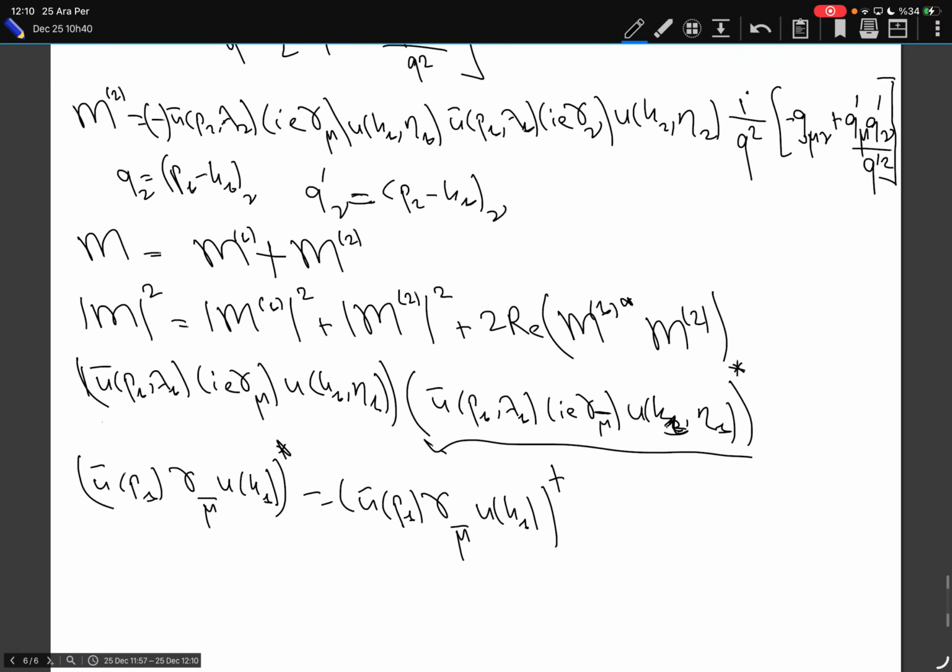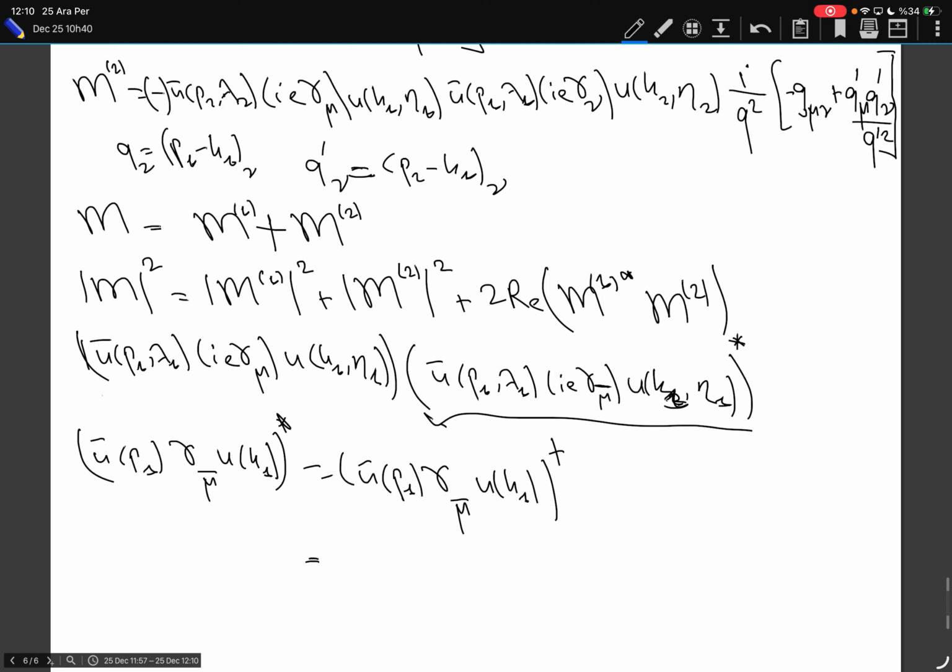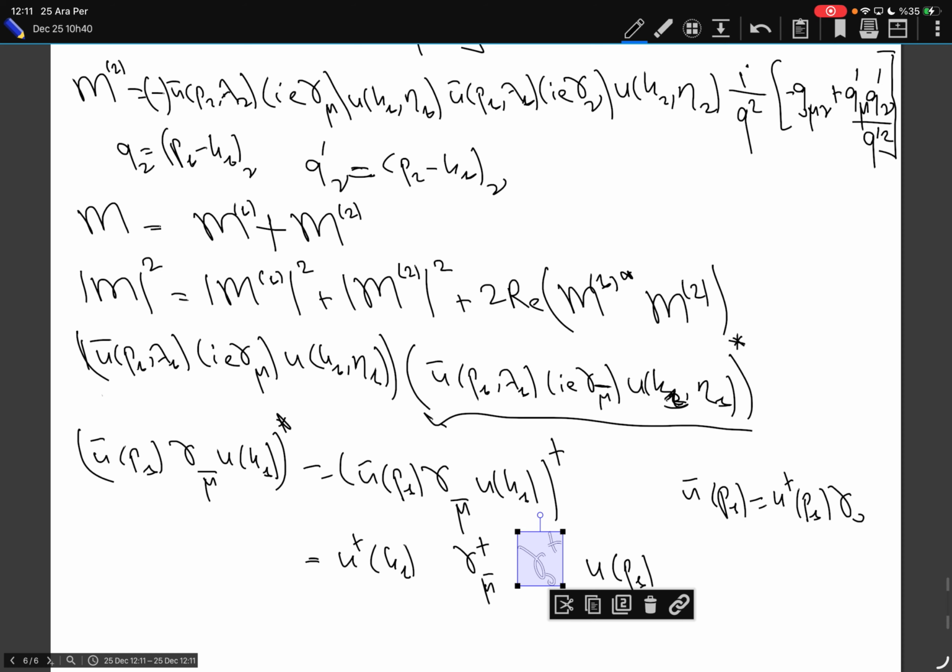I know how to apply the Hermitian conjugation over matrices: just reverse their order and take the Hermitian conjugate of each one. U dagger k1, gamma mu bar dagger, gamma 0 dagger, u p1. Remember, u bar p1 is u dagger p1 gamma 0. So this is my gamma 0. And u dagger, when I take its dagger, it just becomes u.